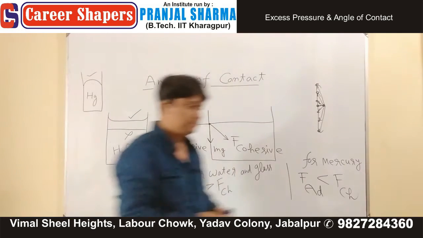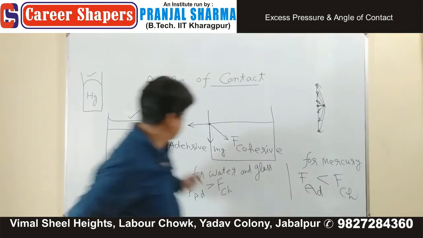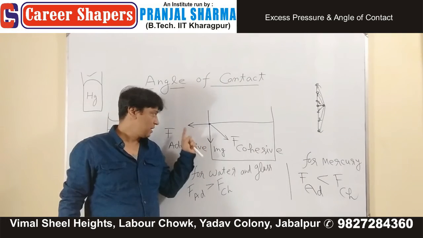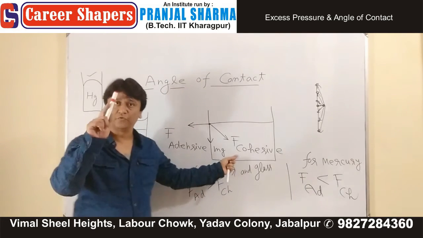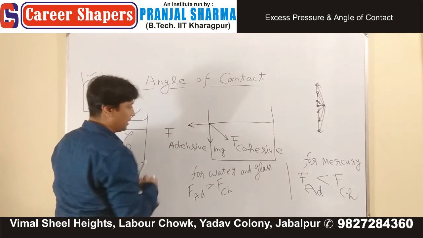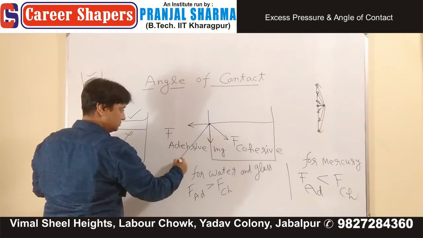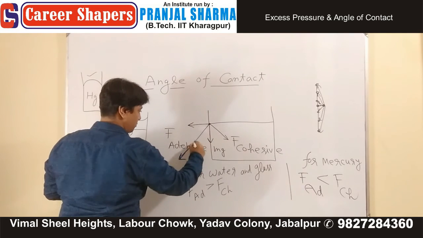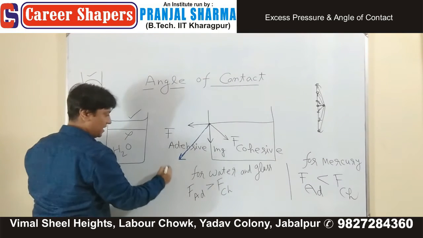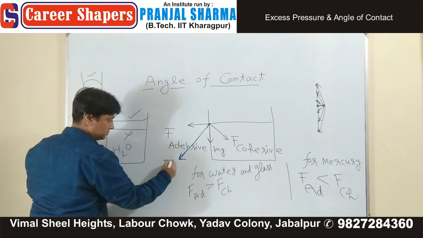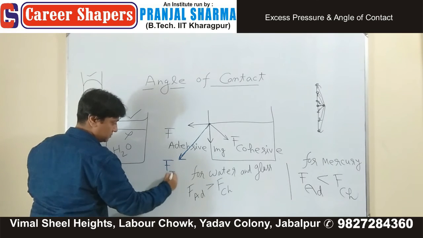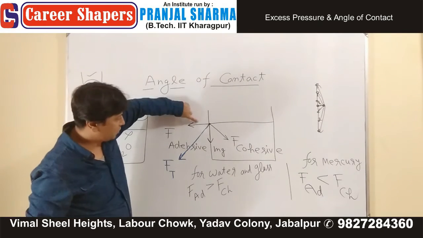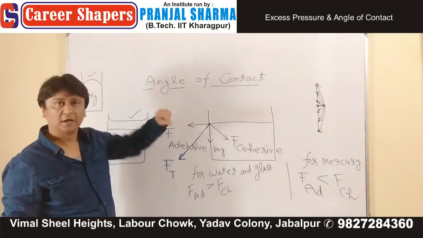If I say that F adhesive is greater than F cohesive, then resultant force will be in this direction. This is resultant force shown in blue. F total. Resultant of what? Resultant of these three forces shown in black is what? The blue one.